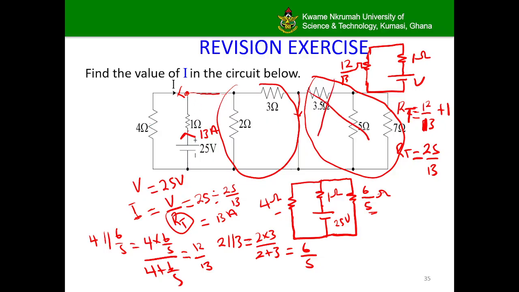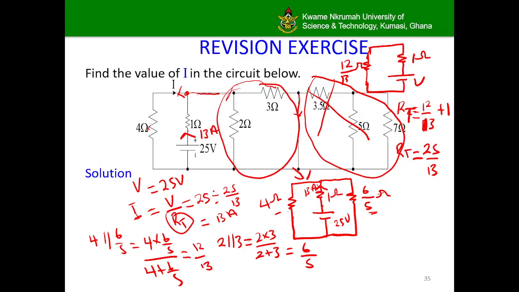And so this current 13 amps will split between the 4 ohms and then the combination of these 2 and 3 in parallel. Now resolving 2 and 3 in parallel is what gives us this circuit, and so it gives us 6 over 5 in parallel with 4. And so we can use this circuit to determine how the current will divide at that junction. So this is our 13 amps.